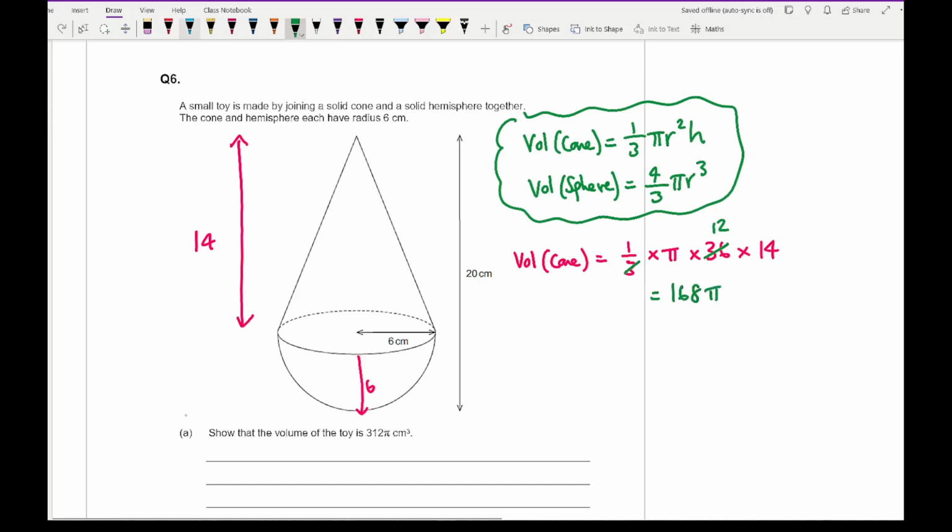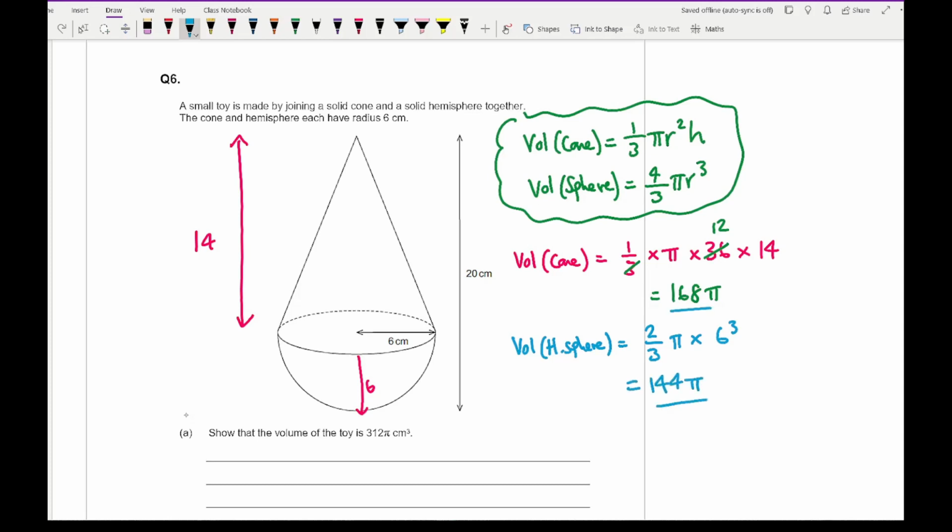Then I work out the volume of the hemisphere, which is going to be 2/3 pi times 6 cubed. So that's going to be 216 multiplied by 2/3, which gives me an answer of 144 pi.